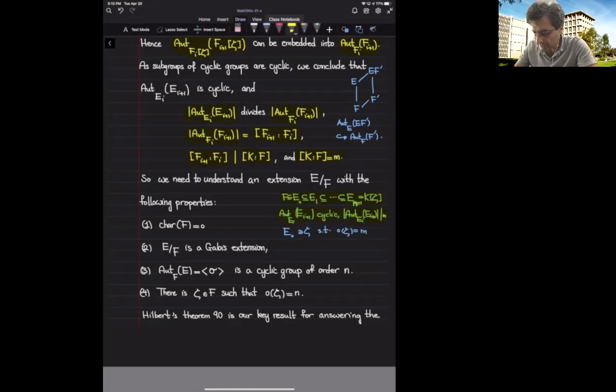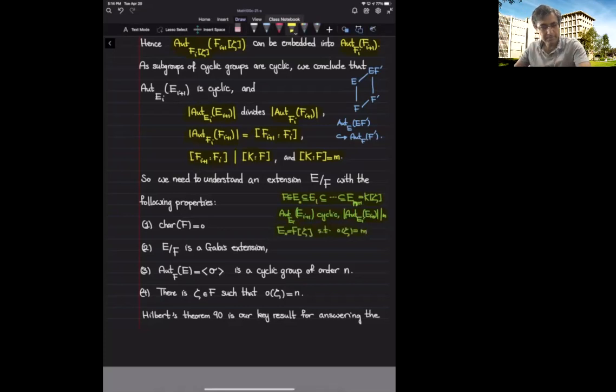So E naught itself, maybe I can even update this and write down E naught is F bracket zeta, where zeta has multiplicative order M. It's the same M that all these degree extensions divide.